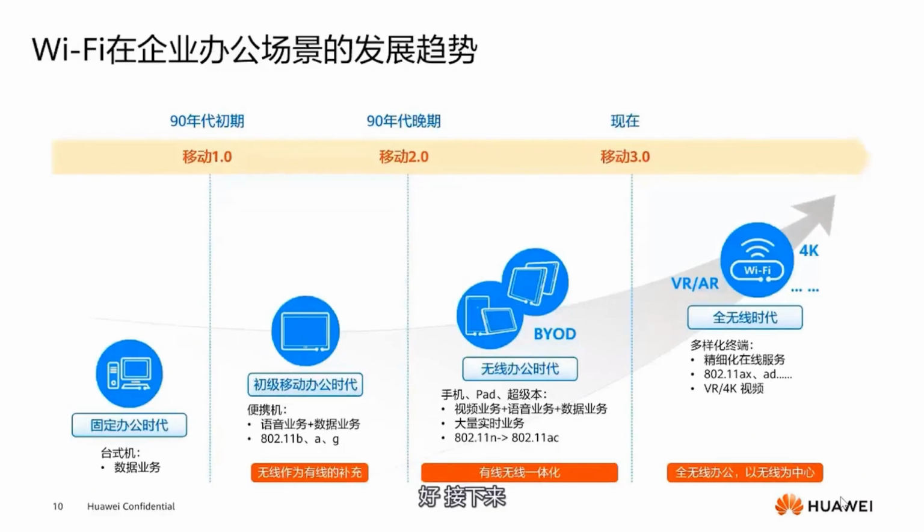Next, look at the development trends of Wi-Fi in our corporate office scenarios. First, in the early 90s, we were all desktop office. Then it was using portable machines with voice services, wireless services. Some hospitals, government agencies, and financial institutions have already started using wireless using 802.11b, a, g standards.